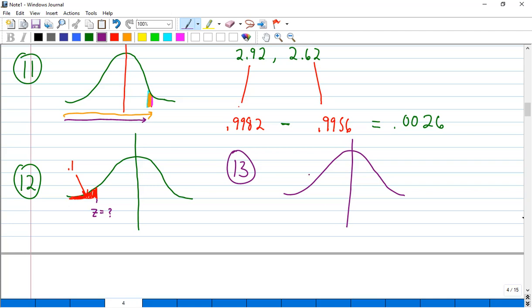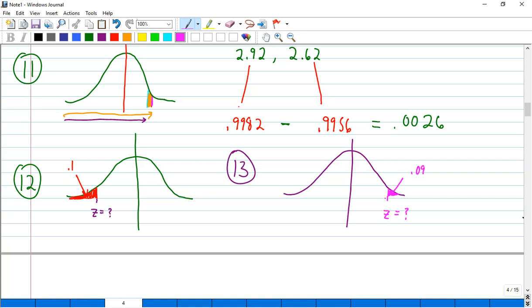And it wants to know what is the z-value that would have 0.09 to the right. So what I need to do is imagine that I had a little piece under the curve like this, and that was 0.09 of the area. So I'm looking for the z-value that would have 0.09 to the right.